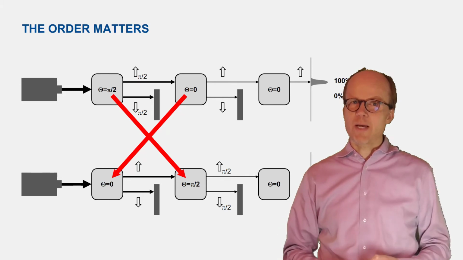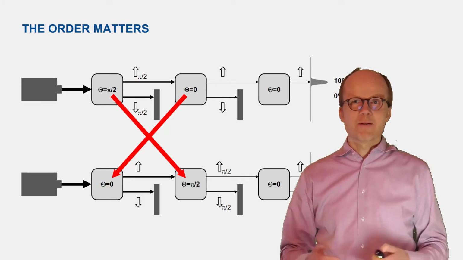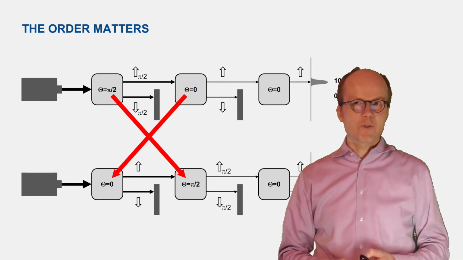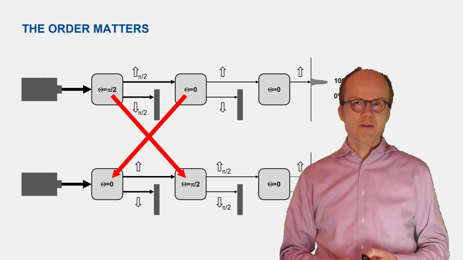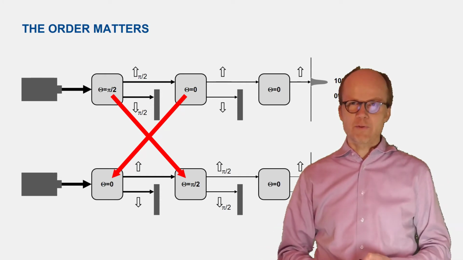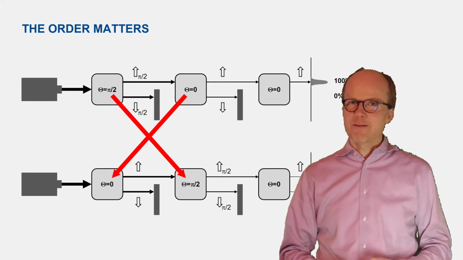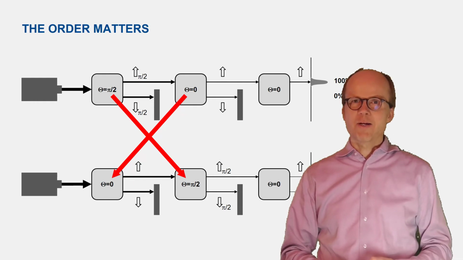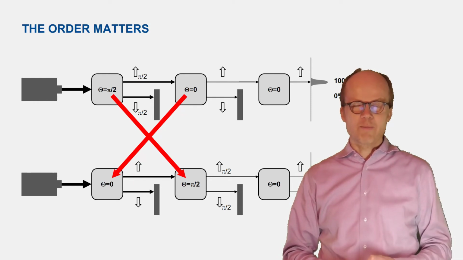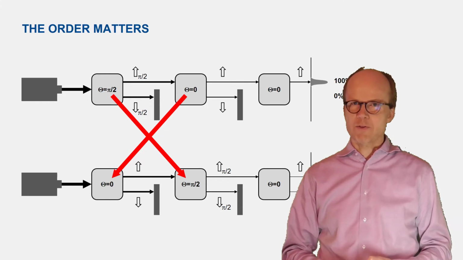However, this is not the case. In fact, the last device will split the beam once again, and the probabilities are 50-50. So, in the quantum domain, it is important in which order you perform measurements. The order matters.